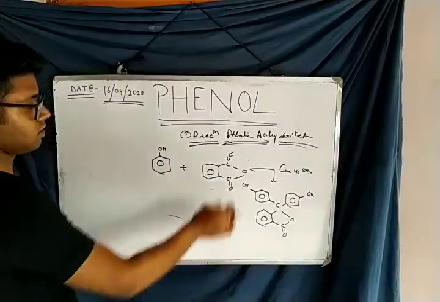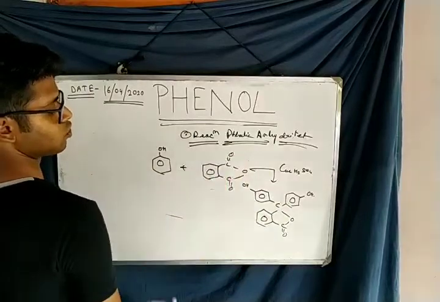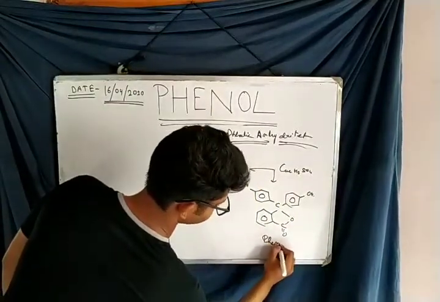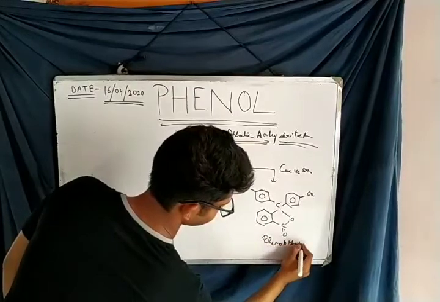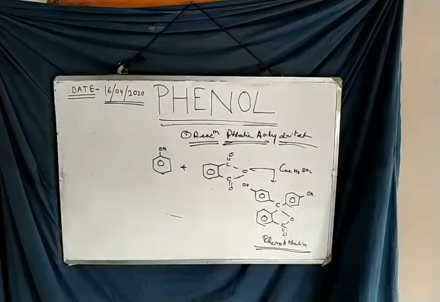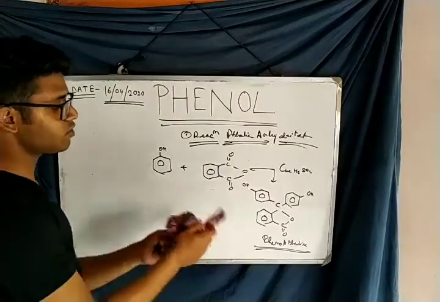In this case, the oxygen atom will be replaced, and one carbon atom is attached in this group, and such a compound is known as phenolphthalein. Again I am repeating, by reacting phenol with phthalic anhydride, it gives us phenolphthalein.